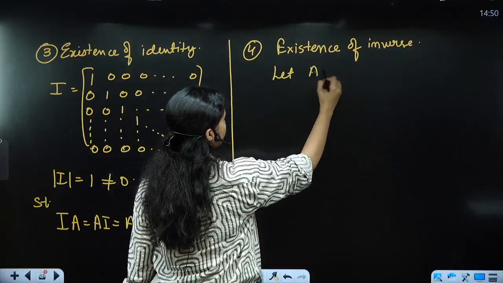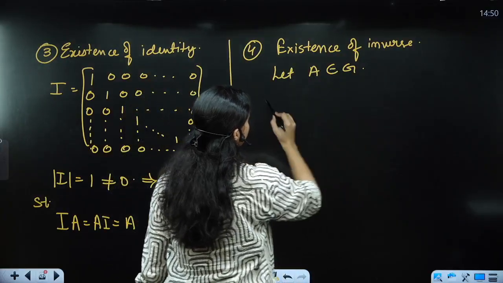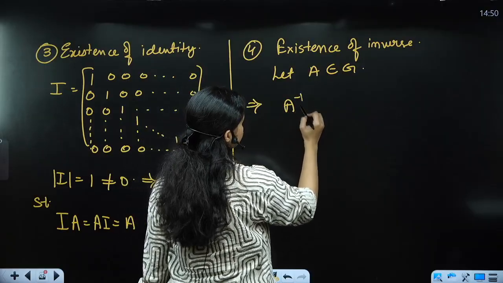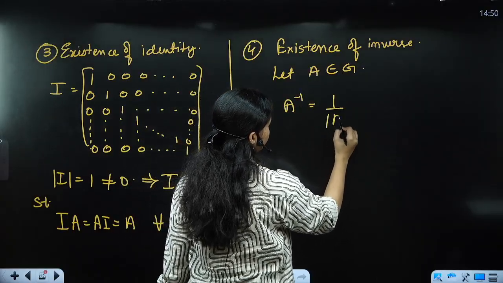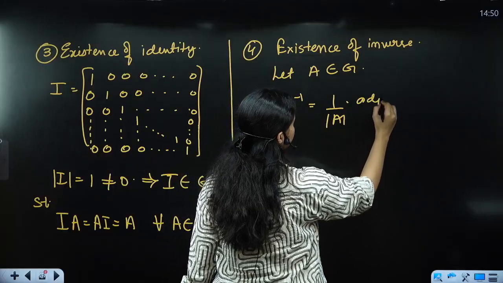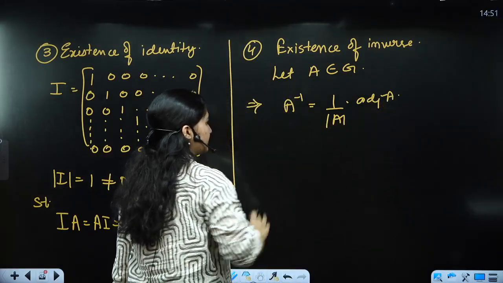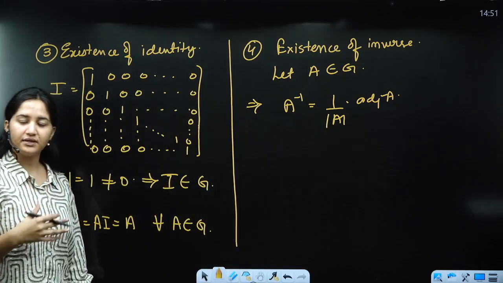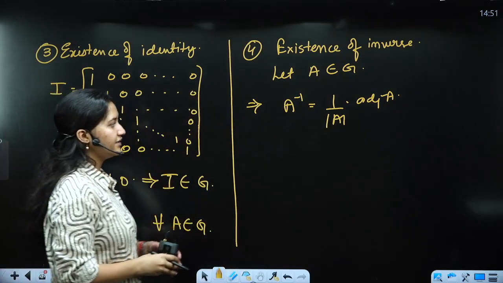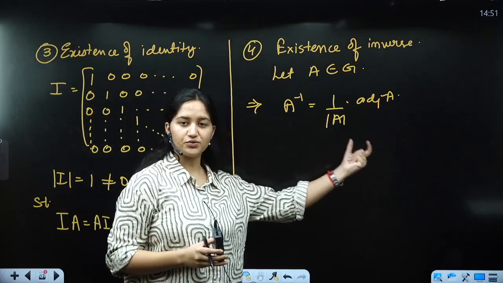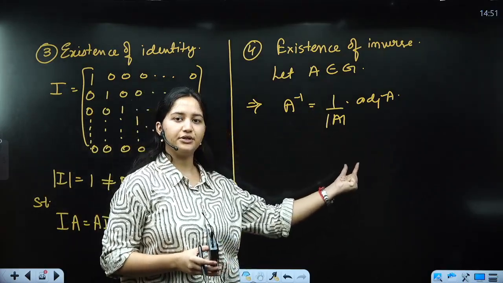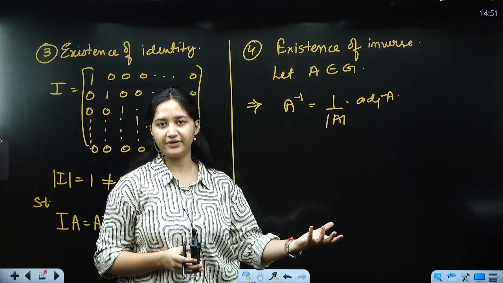Let A belong to G. This implies that A inverse equals 1 upon determinant of A multiplied by adjoint of A, right? Since we are taking only non-singular matrices, the determinant of A is never going to be equal to 0, and 1 upon determinant of A is never going to be an undefined value.